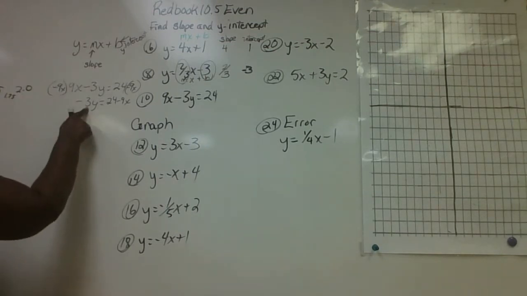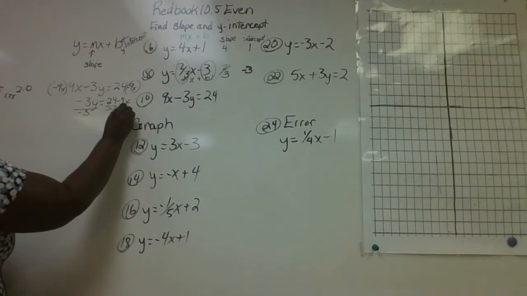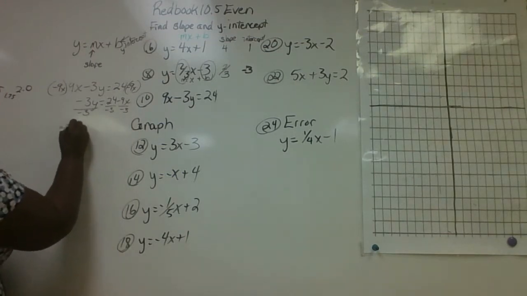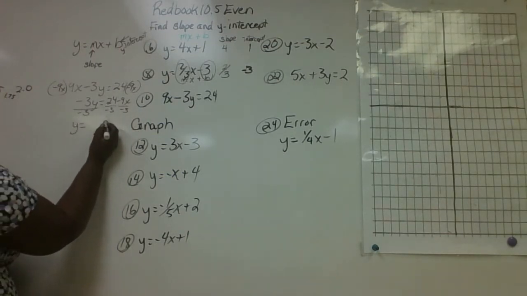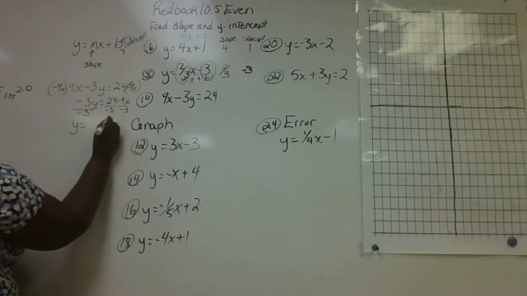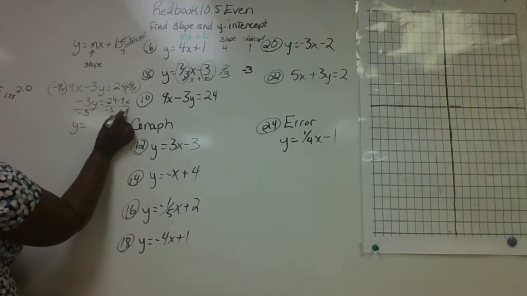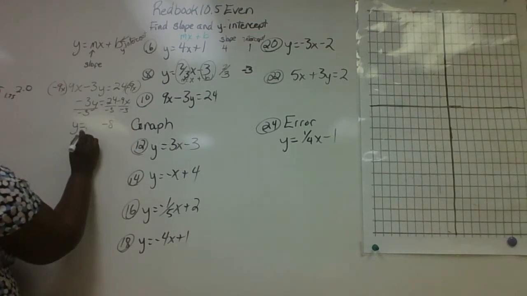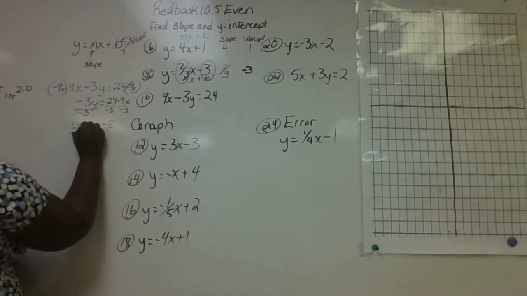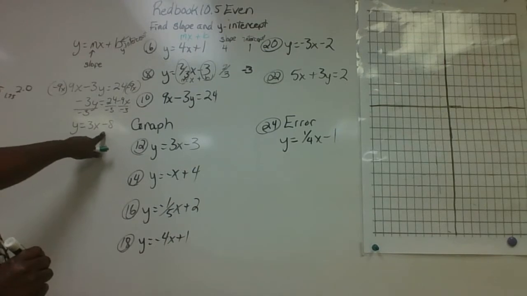Then we're going to isolate y by dividing everything by -3. And so that y is equal to, in this case, 24 divided by -3 is going to give us a -8. And then -9x divided by -3 is going to give us a positive 3x. So therefore we have y is equal to 3x minus 8.